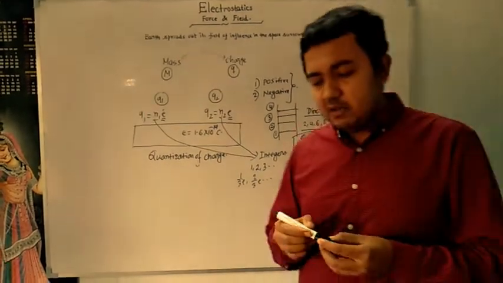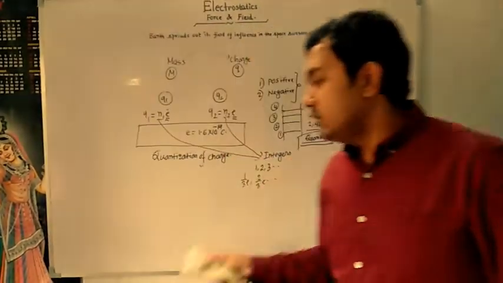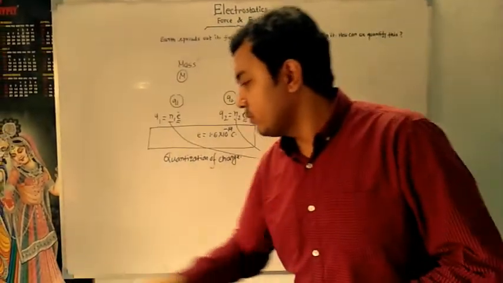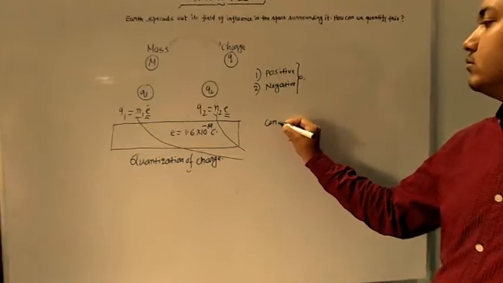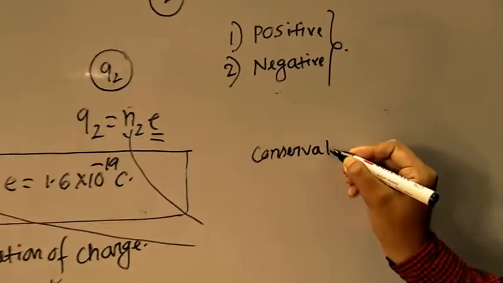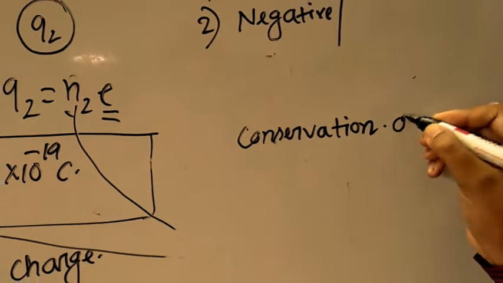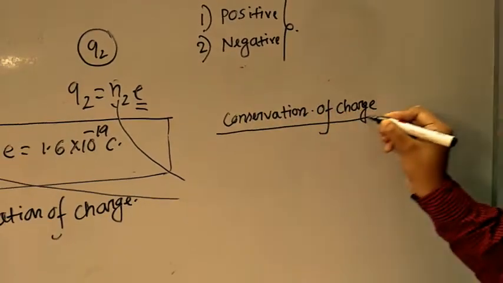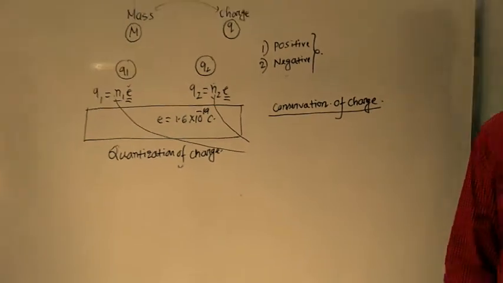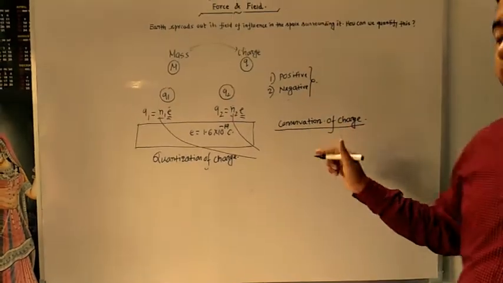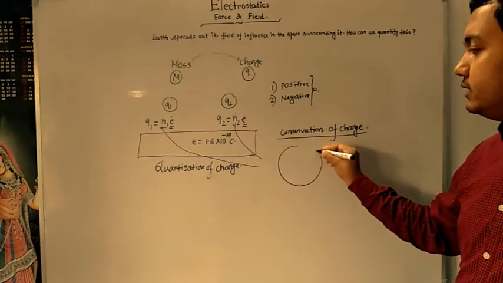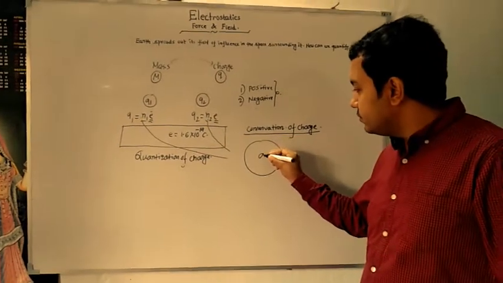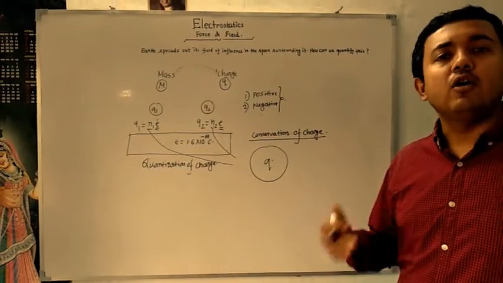Like this, a second principle is also there, and we call the principle conservation of charge. According to this principle, if we consider an isolated system, the total charge of the isolated system remains constant for all times.